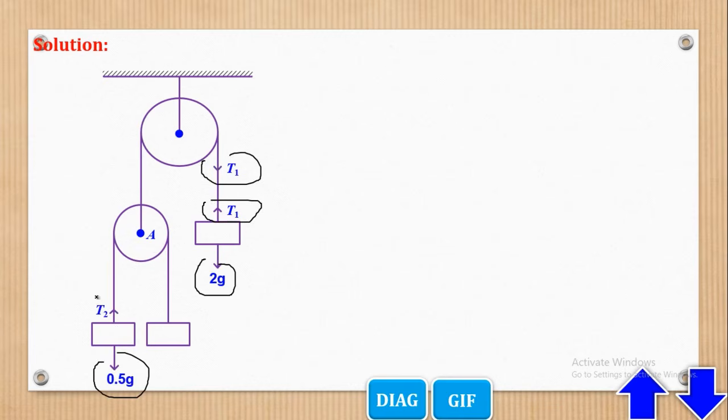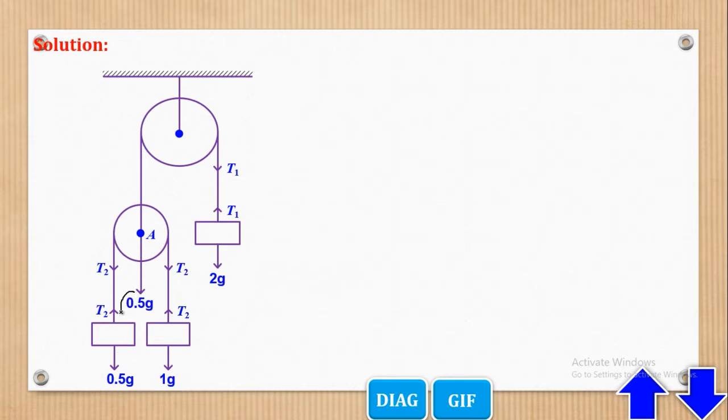Here to be tension upwards, tension downwards. Here it will be 1G downwards. Here tension upwards, tension upwards. Okay, then for the pulley A the weight will be 0.5G downwards. Then here to be tension upwards, tension downwards. So those are the forces acting on each particle.